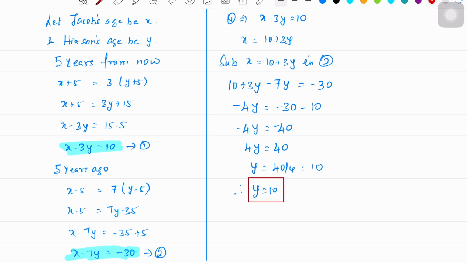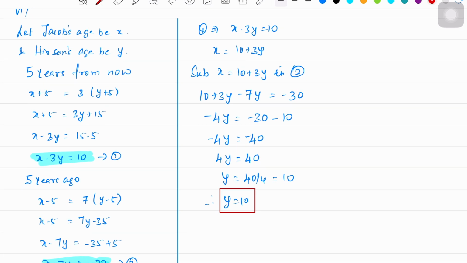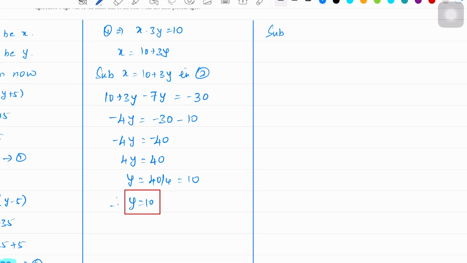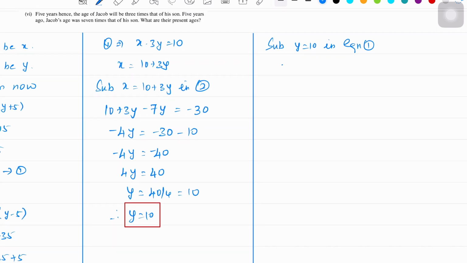Now we'll substitute this y in one of the equations and we can get the answer for x. So substitute y equals 10 in equation 1, and that will be x minus 3y equals 10, and substituting this, x minus 3 times 10 equals 10, x minus 30 equals 10, x equals 10 plus 30, that is equal to 40.